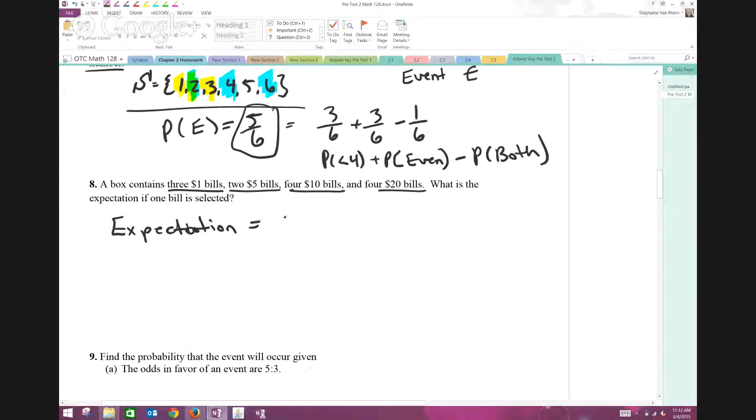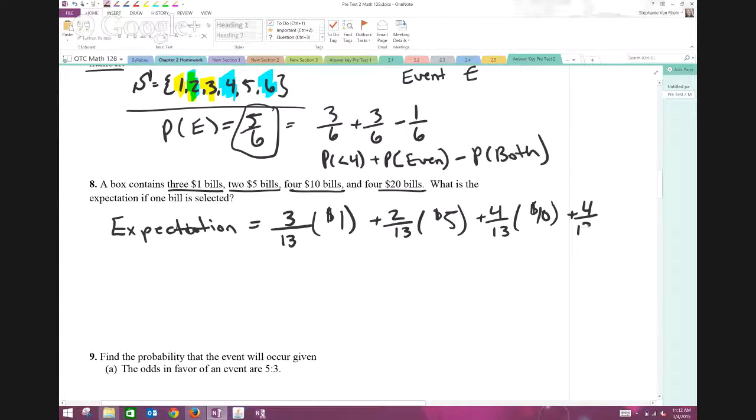So the expectation would be the probability of getting the $1 times 1, plus the probability of getting the $5 times $5, plus the probability of getting the $10 times $10, plus the probability of getting the $20 times $20. Here you're not paying anything to play, so you don't have to worry about losing any money. But here we would get that the expected value is $10.23.